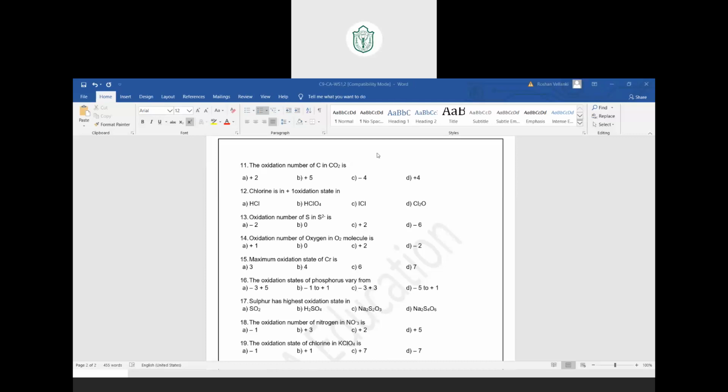Next, sodium tetrathionate, option D. Solve for option D. 2 plus 4x minus 6 equal to 0.